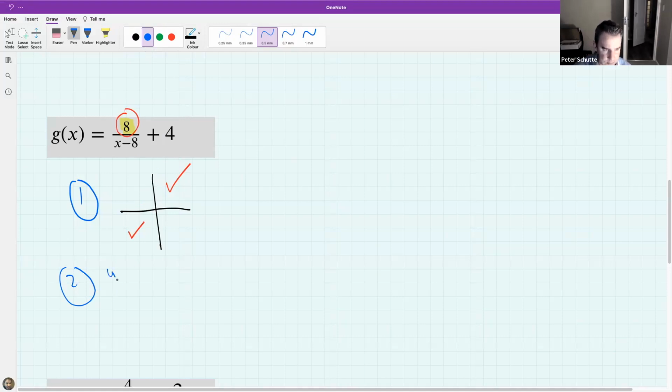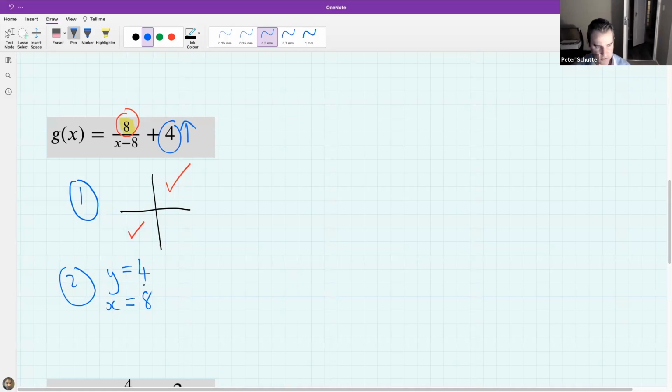So the new asymptote, and I'll show you now what this means, is going to be y equals 4, because the asymptote plus 4 has shifted everything up by 4. Then the x asymptote, which used to be the x-axis, is now going to be x equals 8.